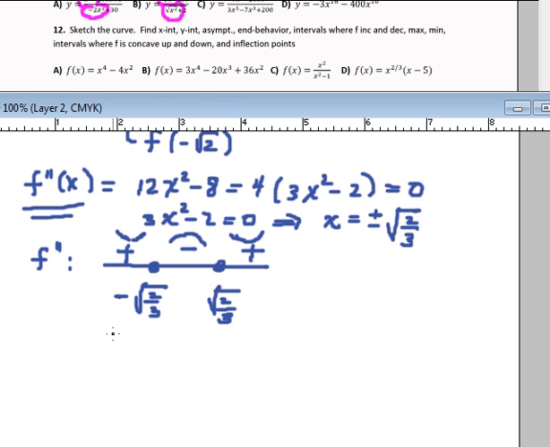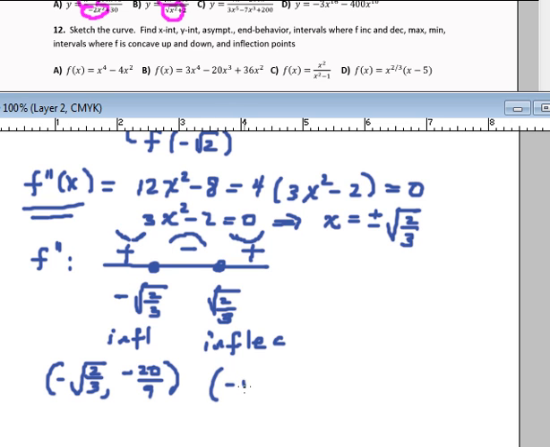And we have 2 inflection points. Substituting back into the original function, we have minus 20 over 9 for the y value.